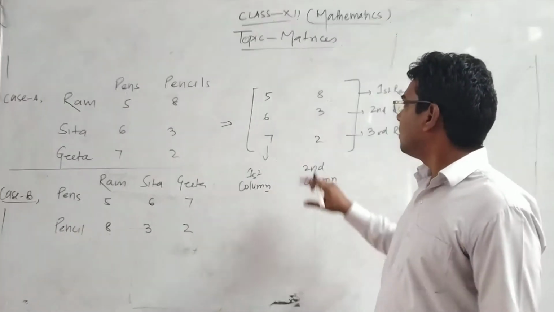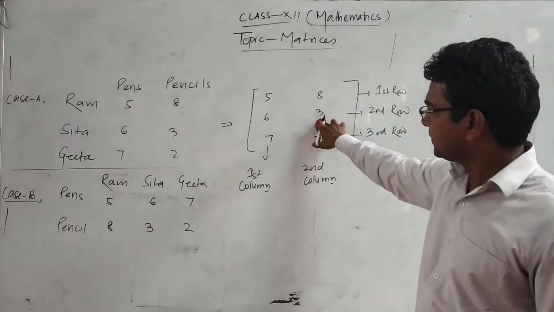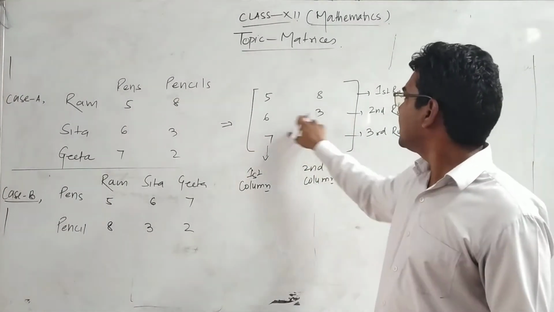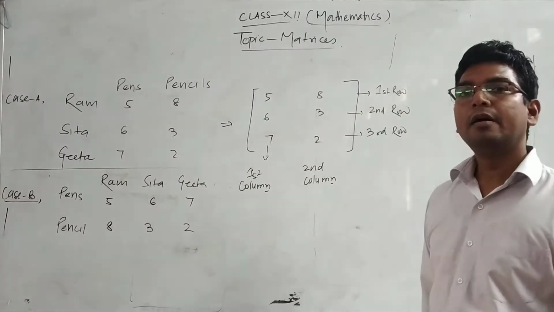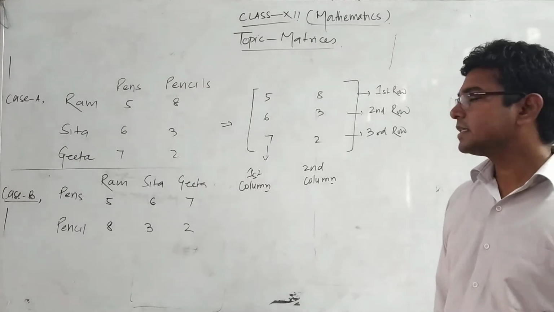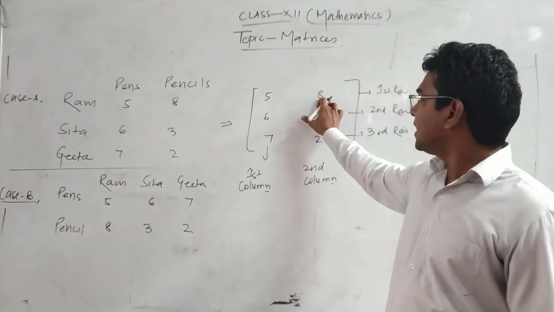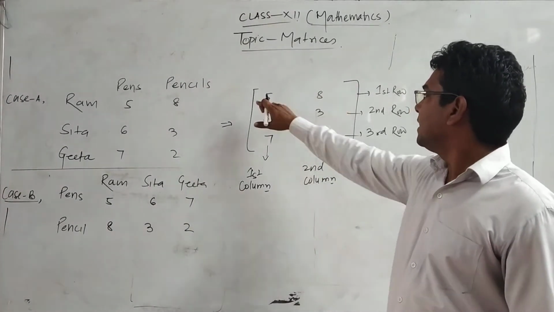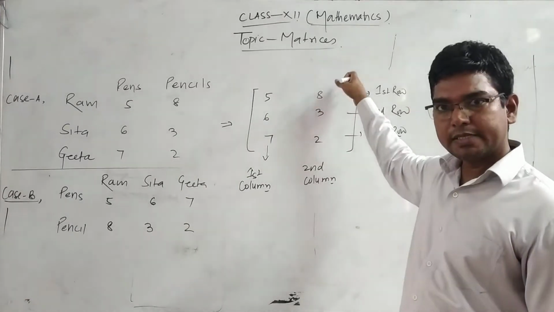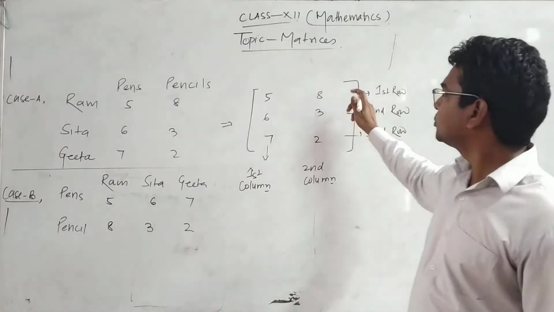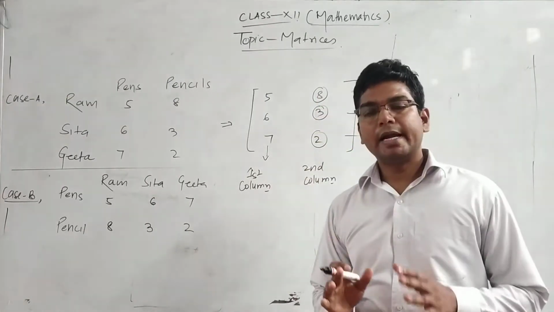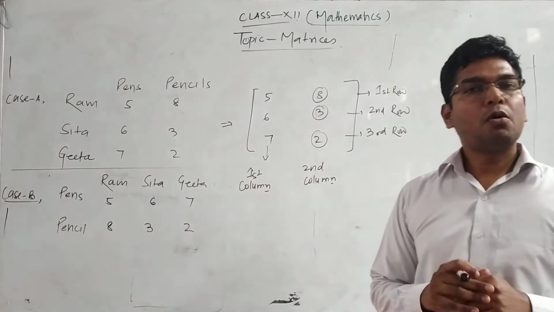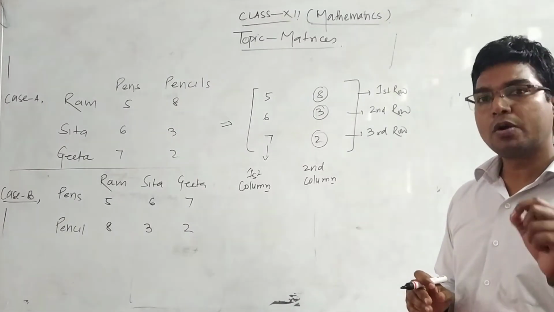You can see here the number 3 lies in the second row and second column. So it has a fixed location or fixed address. Similarly, other numbers, like 8, lie in the first row and second column, right? So the location or the address of these numbers is fixed, or you can say they are very much ordered.